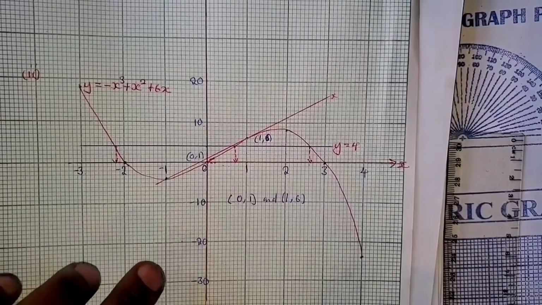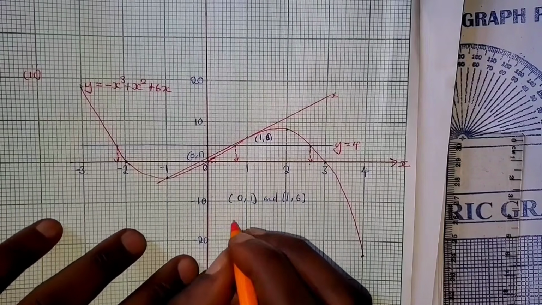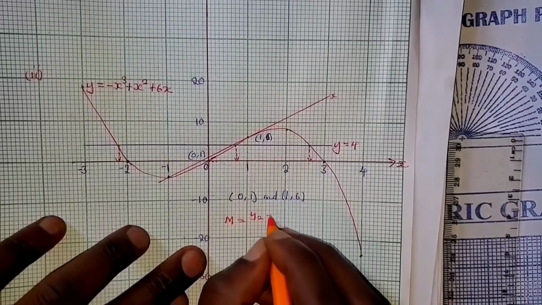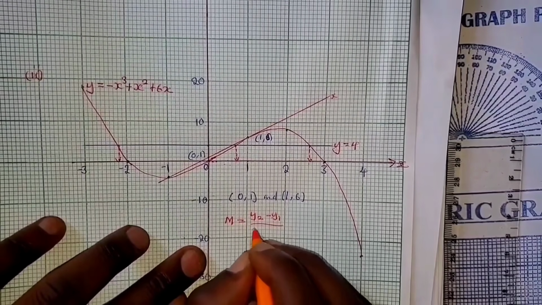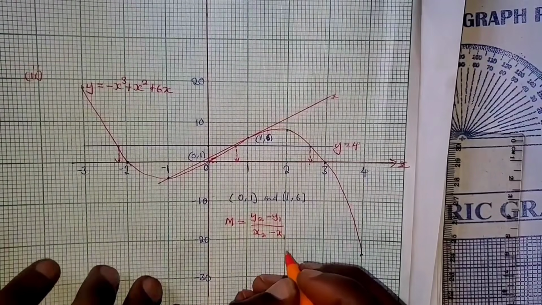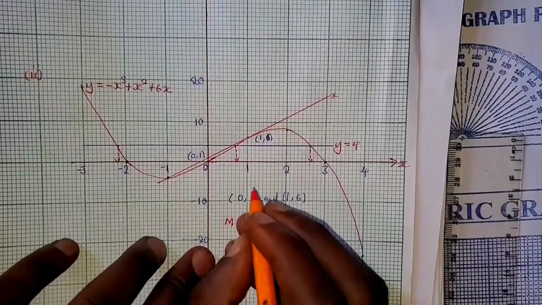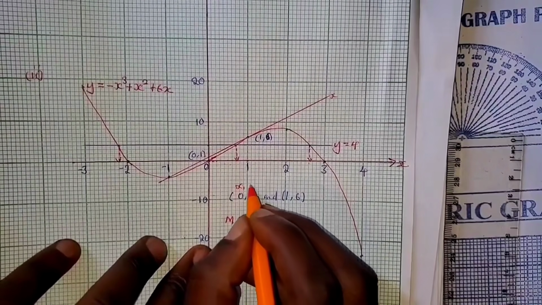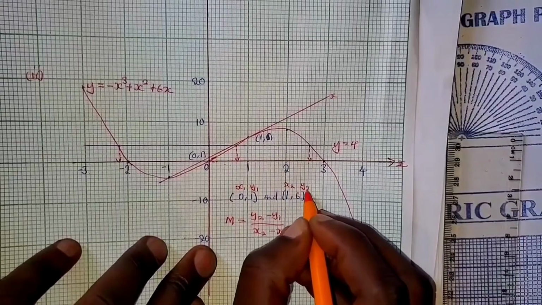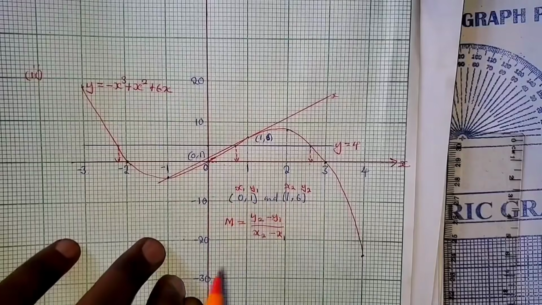The formula for gradient, the symbol is m, equals y2 minus y1 over x2 minus x1. Then let's substitute. Let's call this one x1, y1, this is x2, y2. Or the other way around, no problem.